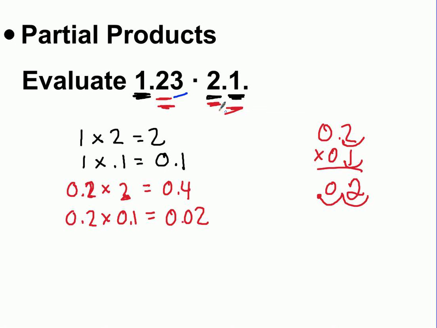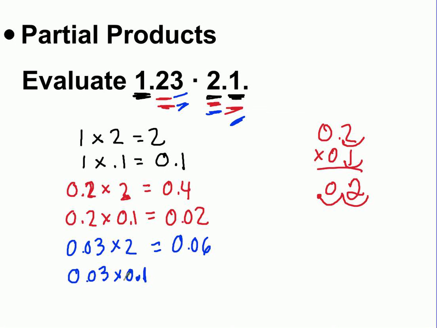Now I could do 3 hundredths times 2, and I could do 3 hundredths times 1 tenth. And I could do that on the side.